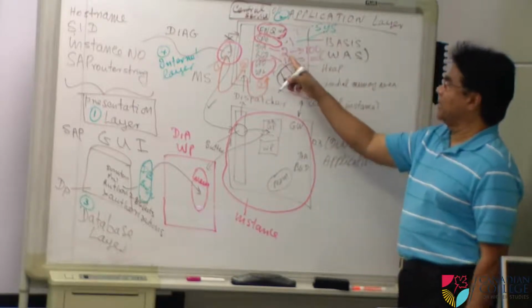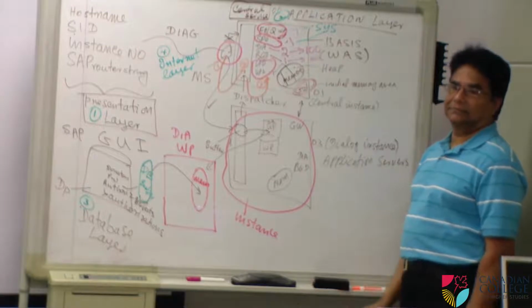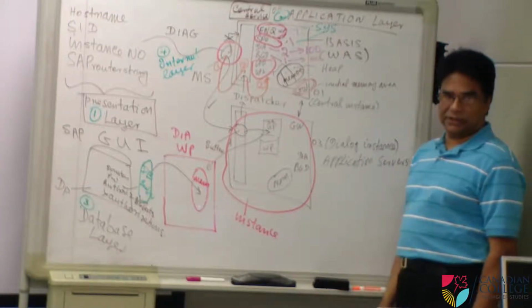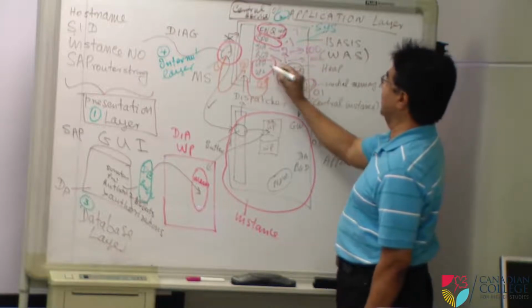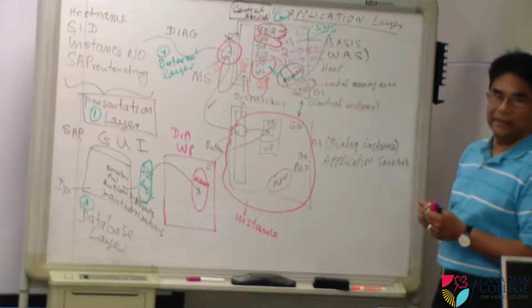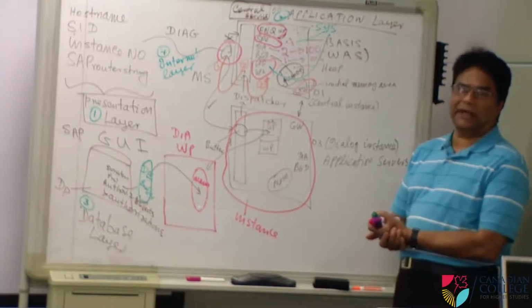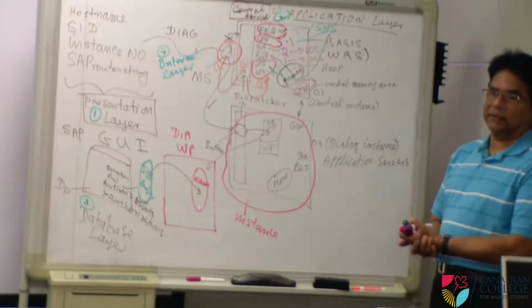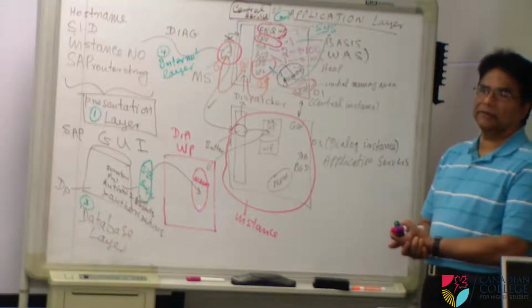Dialogue is for one instance or for the entire system, 2 to 200? So in each instance. Background is also each instance. Update is for the entire system. Update we have minimum one, but by default we have two.